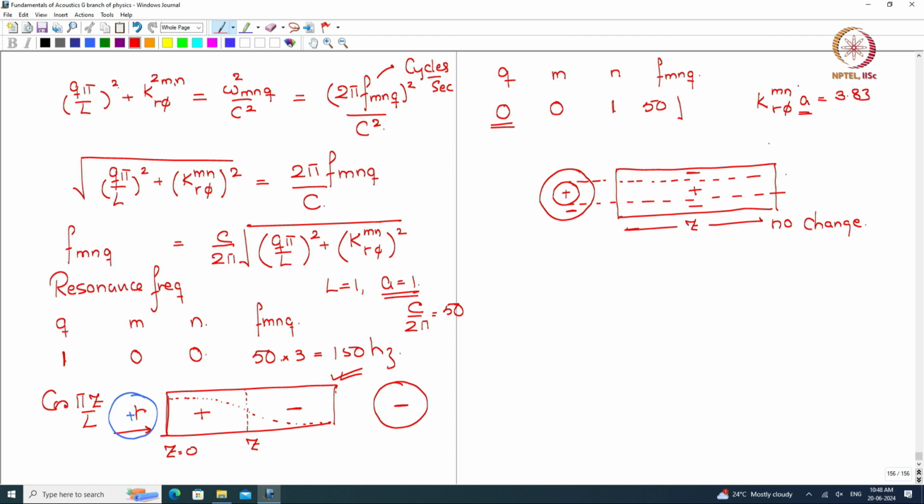So K M N R phi itself is 3.83. So I have square root of 3.83 squared. I will take it as 4, approximately 4. So this is 4. So 50 into 4 is equal to 200 hertz.